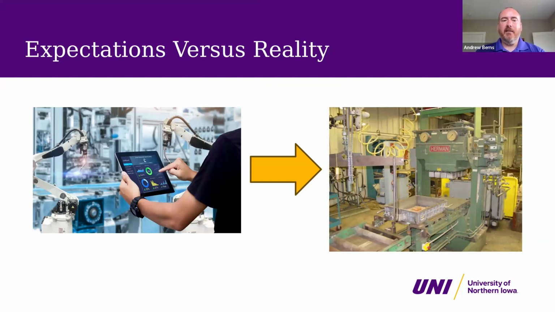It'd be great to have a brand new foundry, a brand new setup with highly automated machines, and a nice interface already set up, as you see in this picture. But a lot of times we're dealing with older equipment, and we have to augment the equipment that isn't set up to take those measurements and make those adjustments, and retrofit it with the sensors required for Industry 4.0.